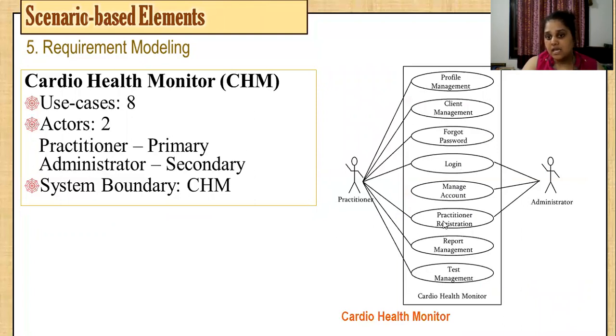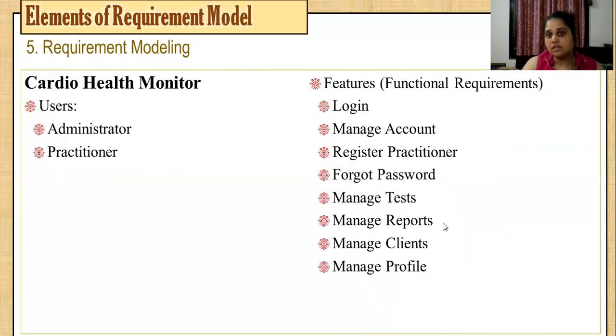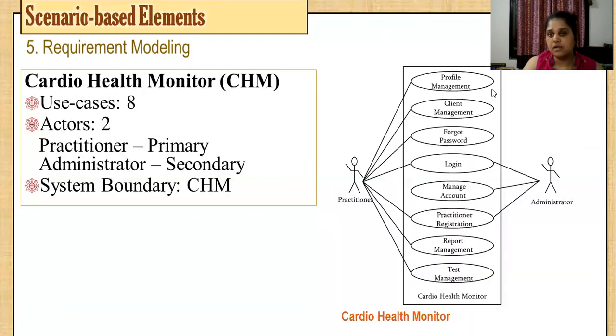And all these 8 use cases are nothing but the features of my system. So whatever features or functional requirements that I have in my software, they are supposed to be represented in the form of ellipses in a use case diagram. So all these 8 are my use cases.